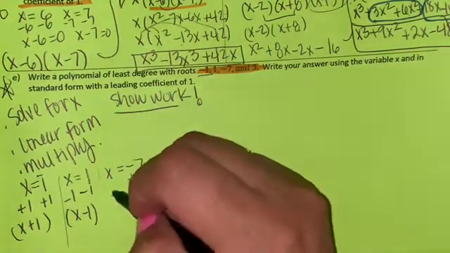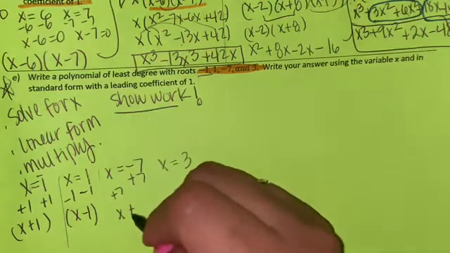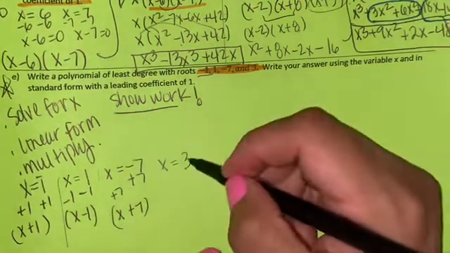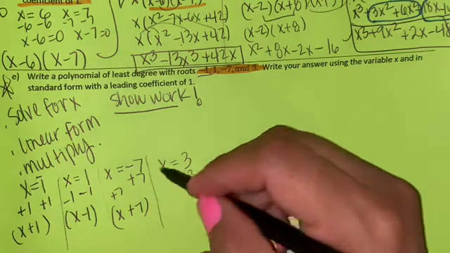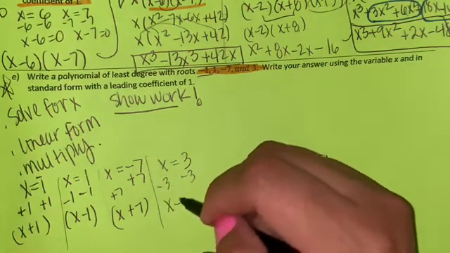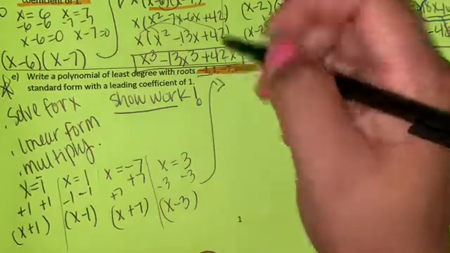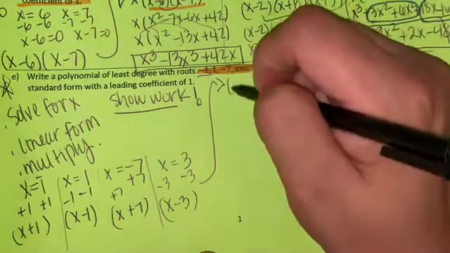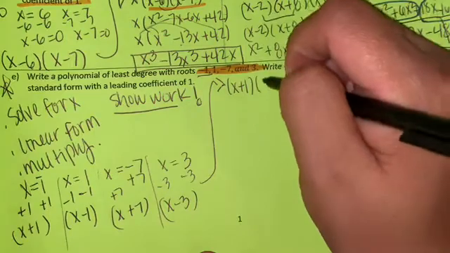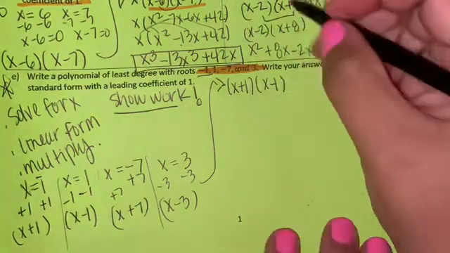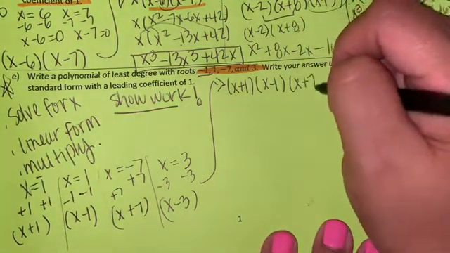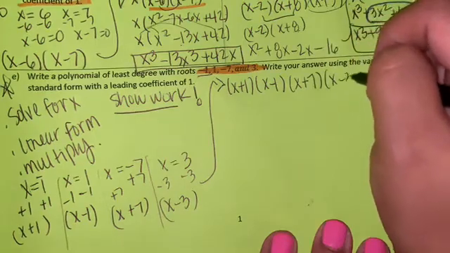Plus 7, x plus 7, minus 3, x minus 3. So we go from here: x plus 1, x minus 1, x plus 7, x minus 3.